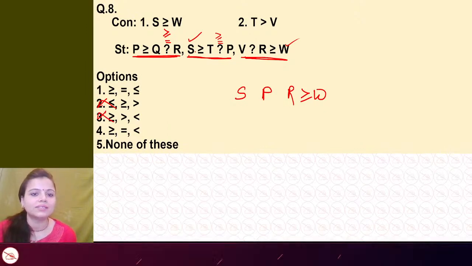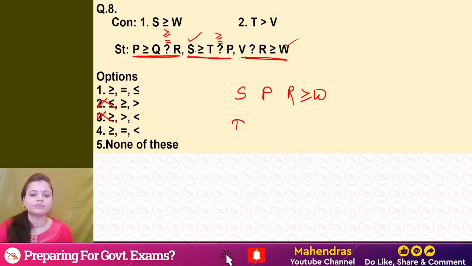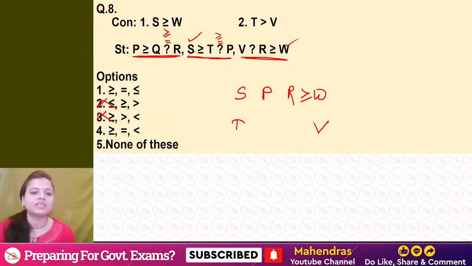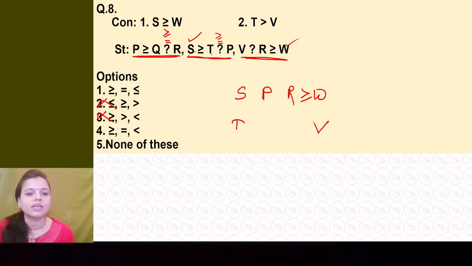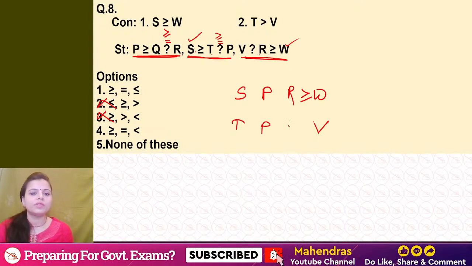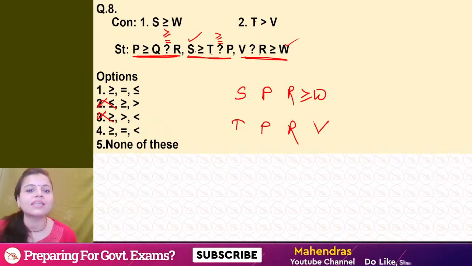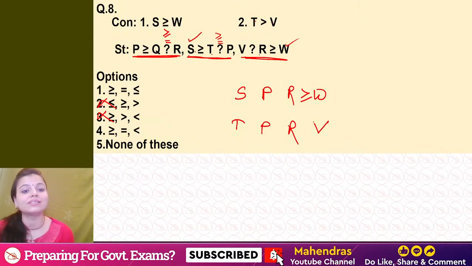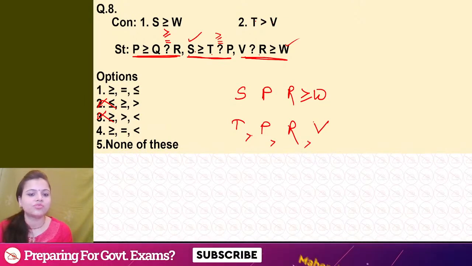Now the third case. Now T with V. T is present in the second and V in the third. Is there any common element between these two? No. So you can relate T with P, P with R, and R with V. So T is greater than V. You have to prove T is greater than V. That means you need the greater family in these three places.